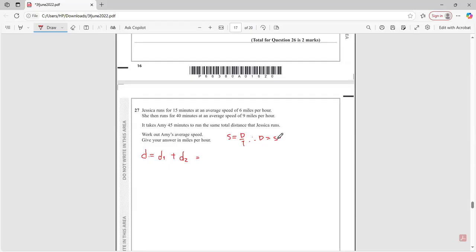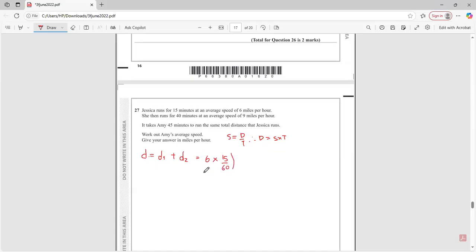Yes. Okay. So once we have that established, we can continue. So D1 is going to be equal to speed times time. And remember, the speed is in miles per hour, so we have to convert 15 minutes to hours. So this is what we're going to do. 6 times 15 over 60. All right.